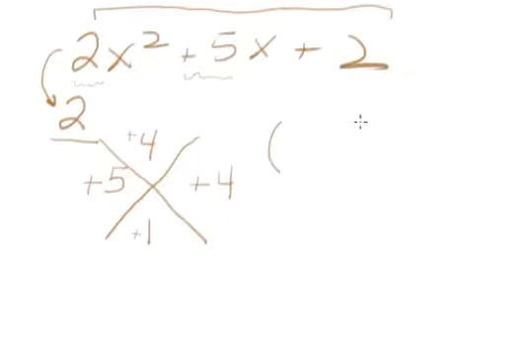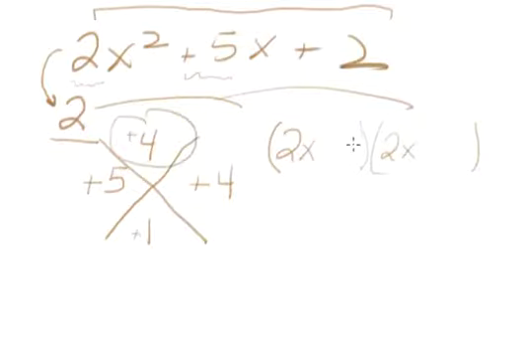I want you to start by writing your factors and copy this 2 into each one in the beginning. 2x and 2x. Okay, now copy these special numbers. That guy plus 4 and this guy plus 1. Okay, now if you could divide out, or you could factor out a number out of these, please do it.